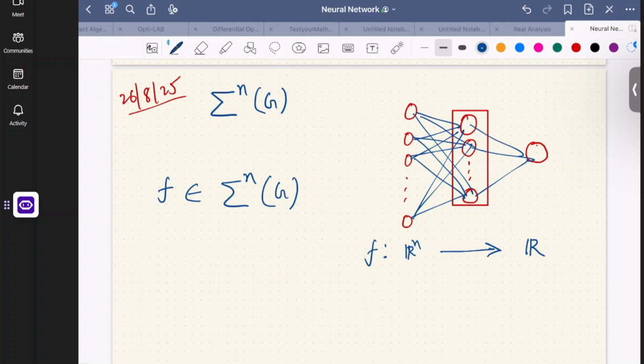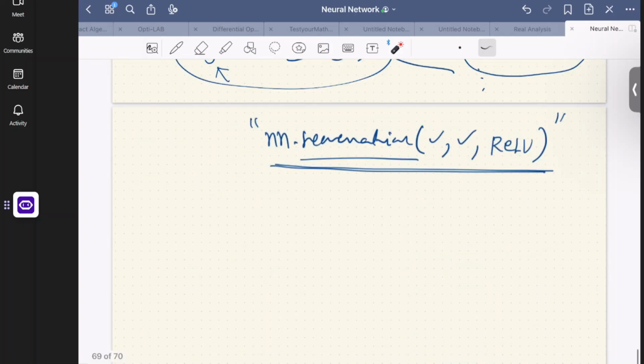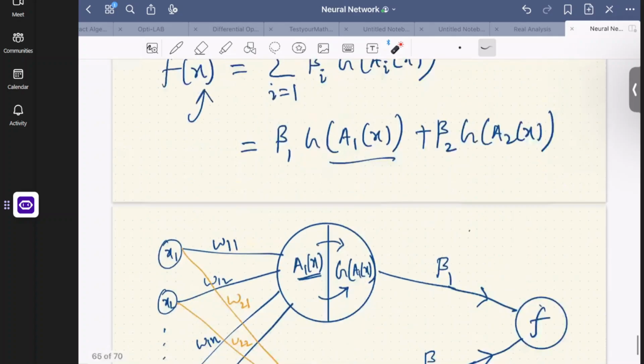Any element which you pick up looks this way, and we have defined how these computations work, like how the affine functions are taking care of the weights associated with these edges and with the inputs, and all the calculations that we have seen yesterday.